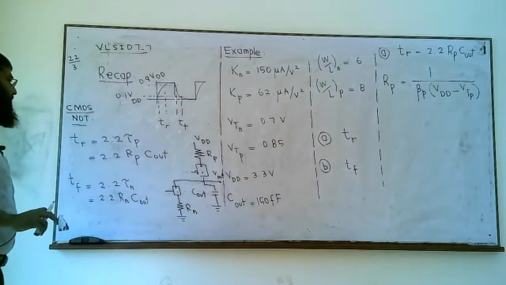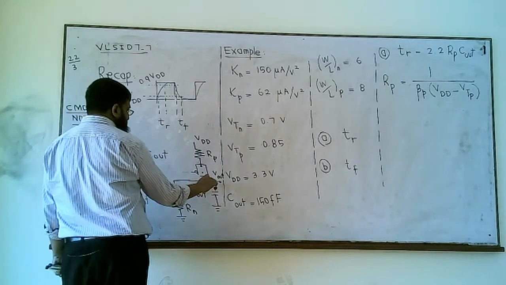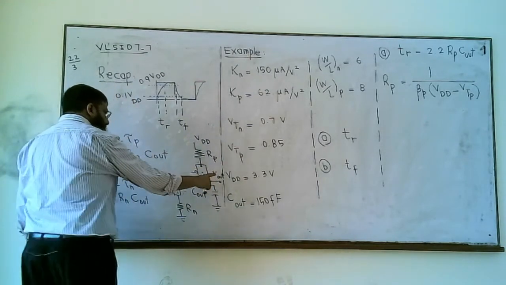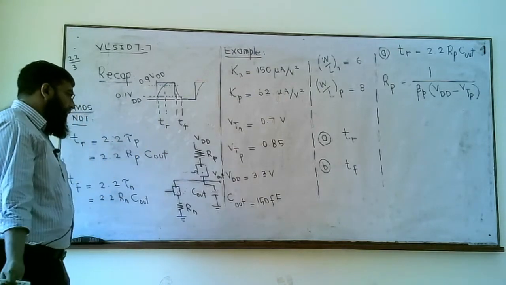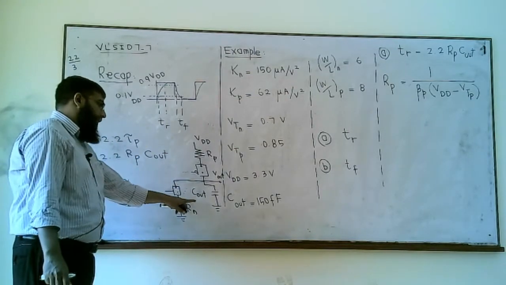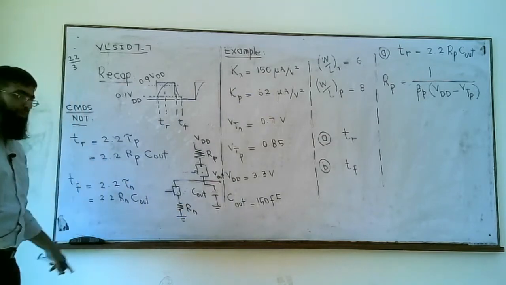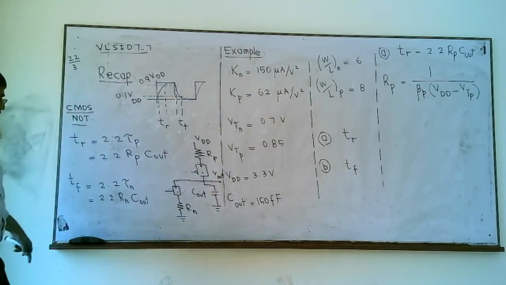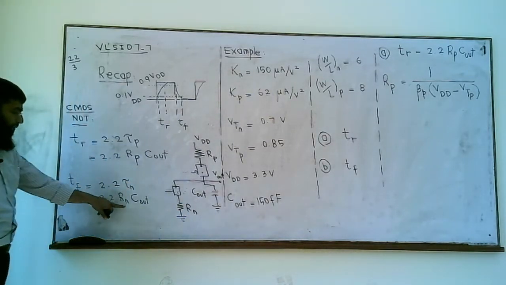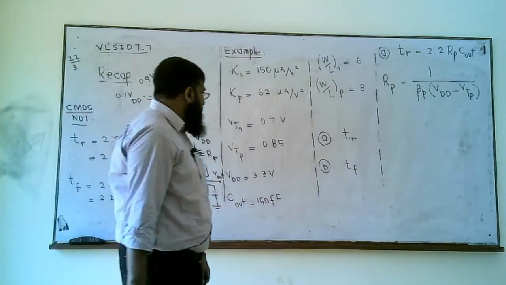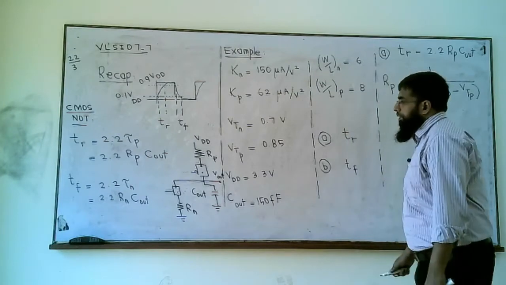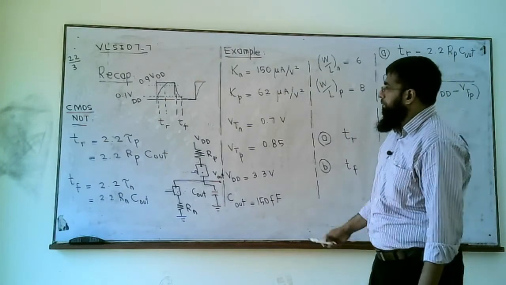So this C out, the equivalent capacitance, includes the drain capacitance for PMOS, the drain capacitance for NMOS, and the load capacitance. We call that equivalent capacitance C out, which we studied in the last lecture. So TF is 2.2 times Rn times C out. This is how we compute our TR and TF for a CMOS NOT.